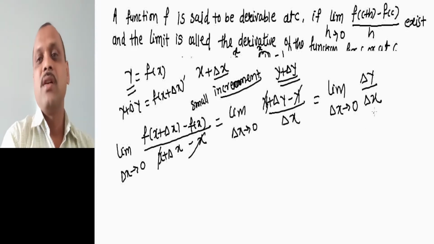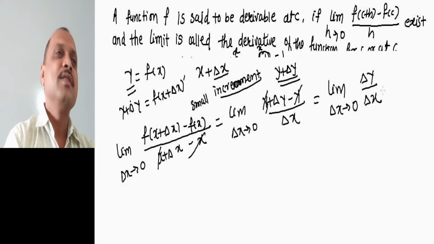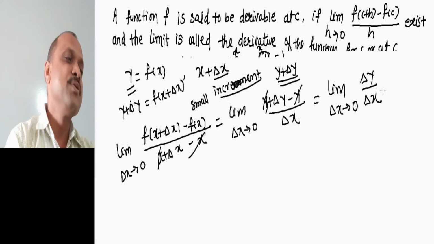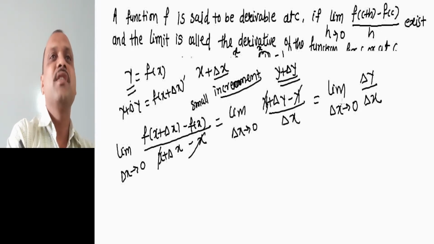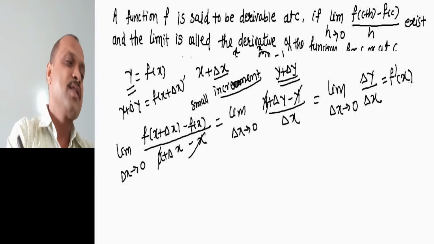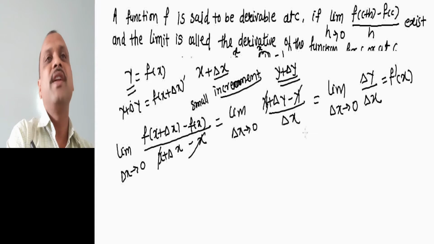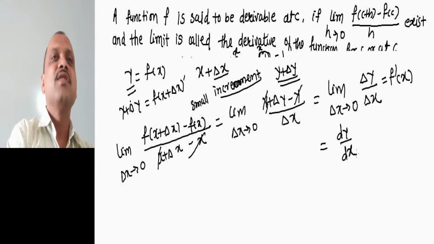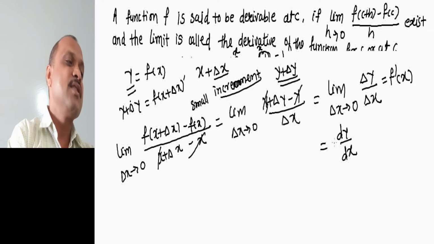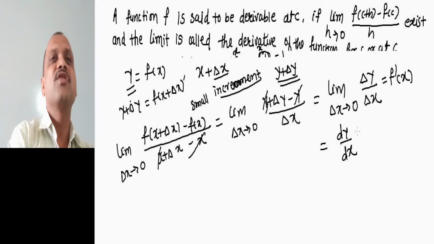Whenever we have y equal to f of x, then we can use this notation and we get delta y divided by delta x, and we call it f dash of x. Usually, instead of delta y by delta x, we write it as dy by dx. So here this is the derivative or f dash of x.